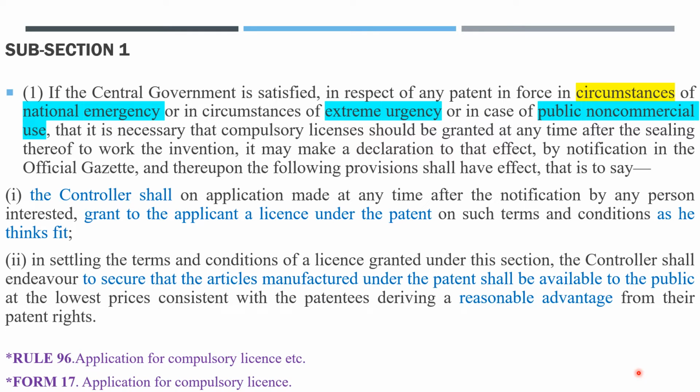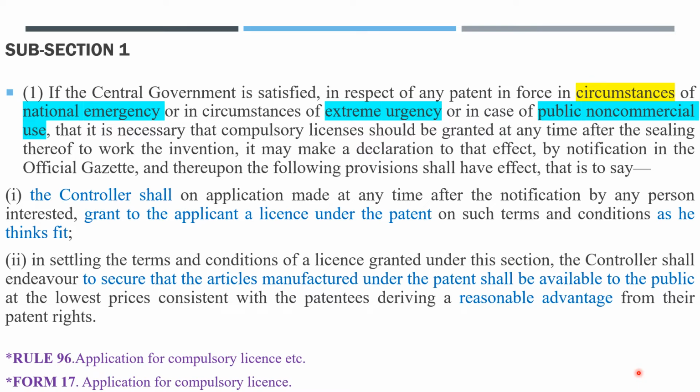Application for compulsory license, etc. Here the key term is circumstances, and let me explain the gist of this subsection in a very simple way. Just listen carefully and try to understand.